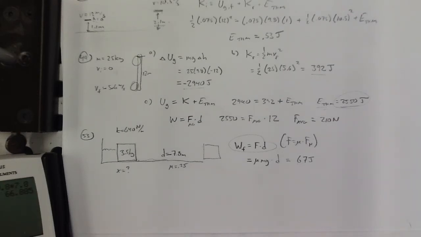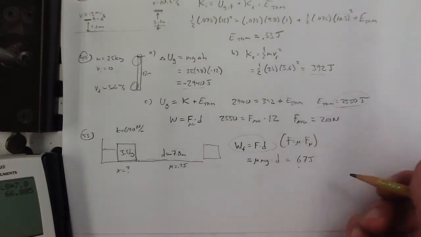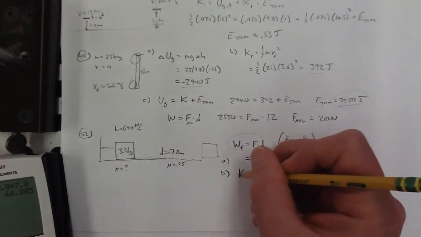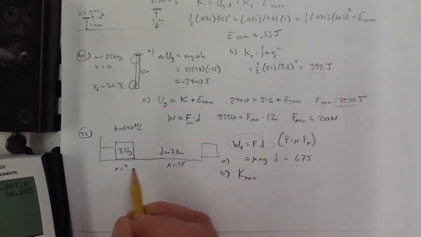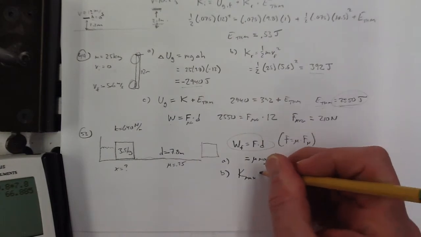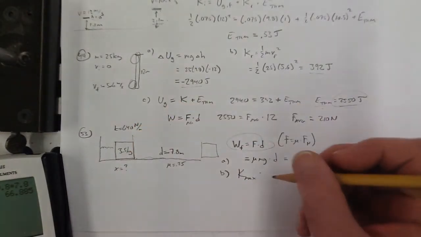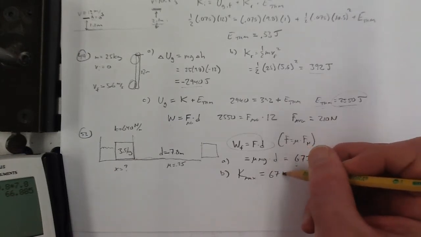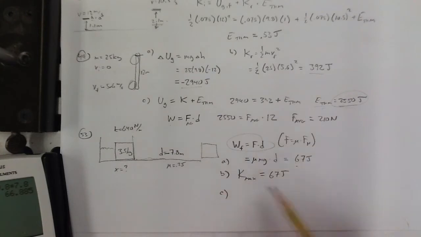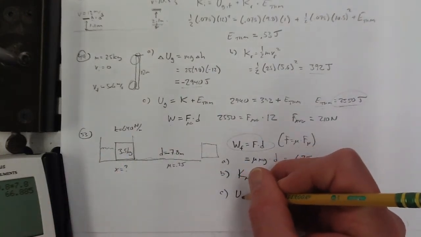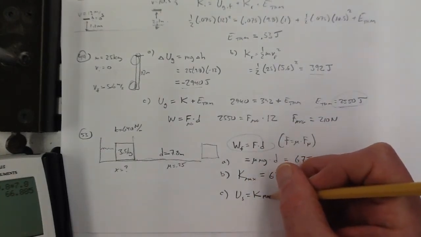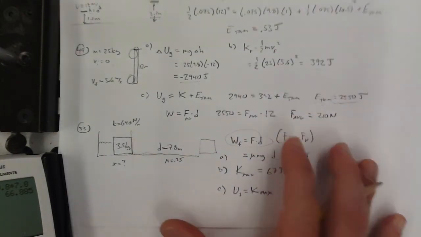What was the maximum kinetic energy of the block? Well, it was that, right? Because that's what had to be tapped out of the system. So kinetic energy max, or initial if you want, at the equilibrium spot where it loses contact with the spring, is going to be 67 joules. And then where did that kinetic energy come from? Well, when the spring was all loaded up, we had the potential energy in the spring. That's where that kinetic energy came from.